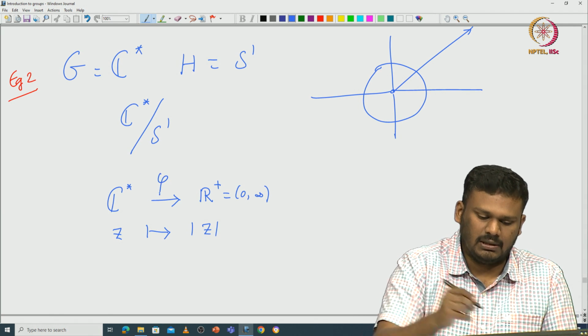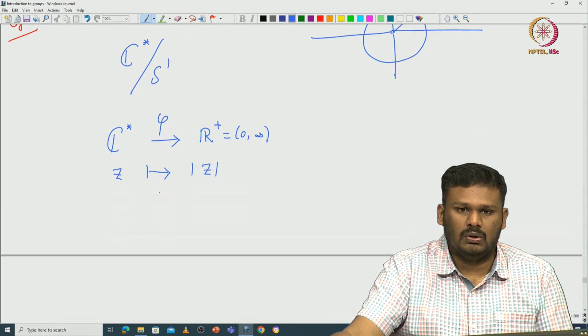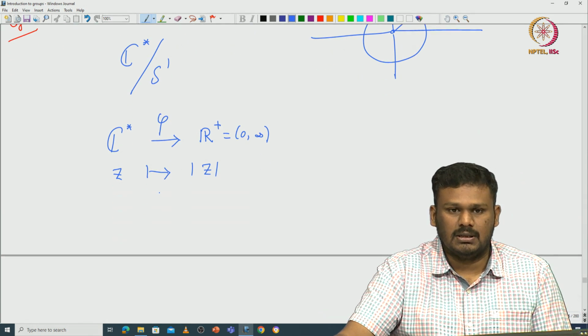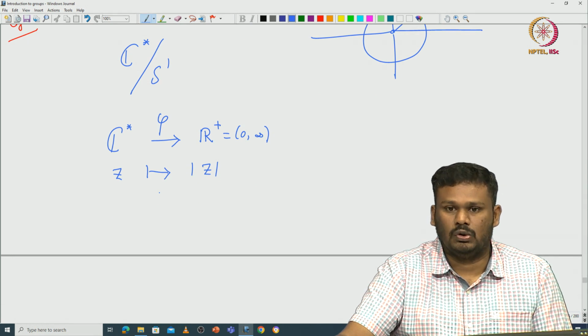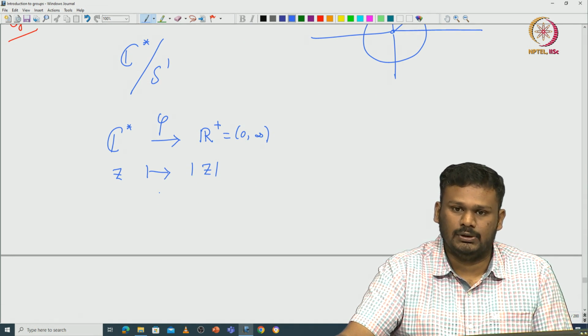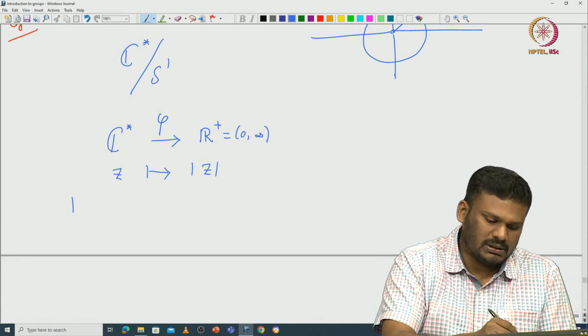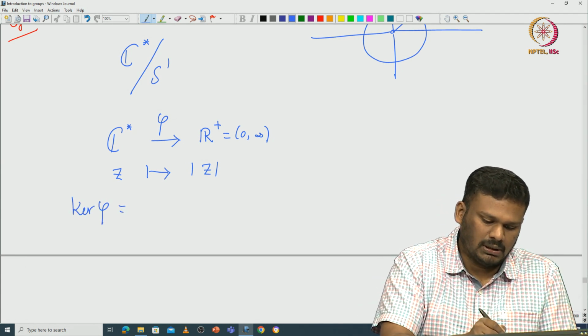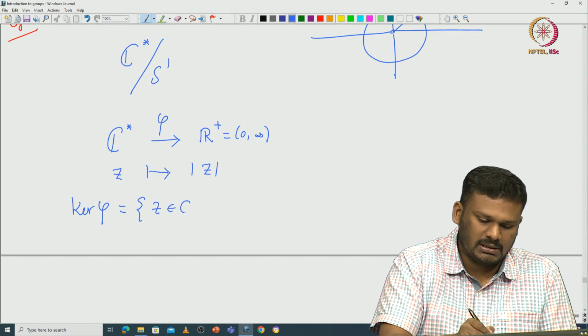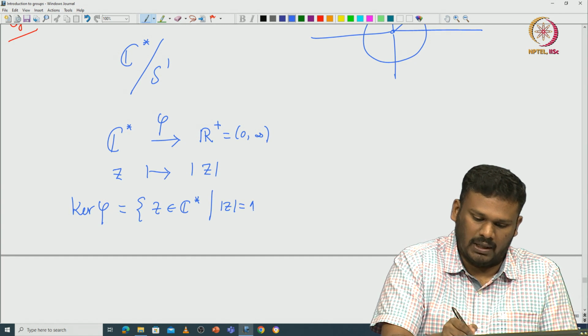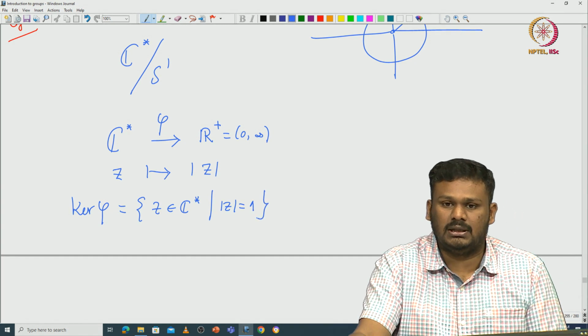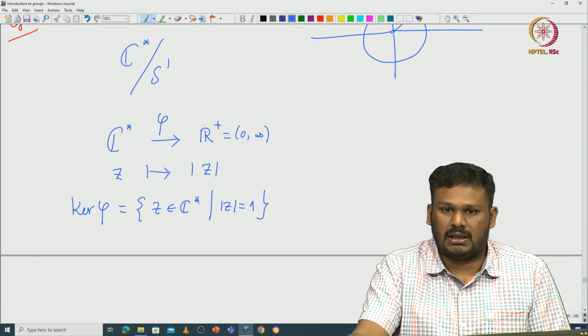So this is my group homomorphism. You can easily check that z goes to mod z is a group homomorphism, because mod zw is the same as mod z times mod w. But what is the kernel of this map? The kernel consists of those z in C star such that mod z is just 1, because phi of z is mod z and the identity element on the right side is 1.